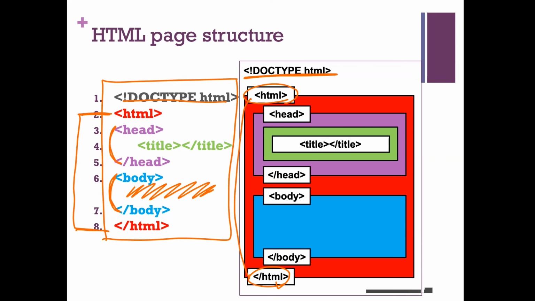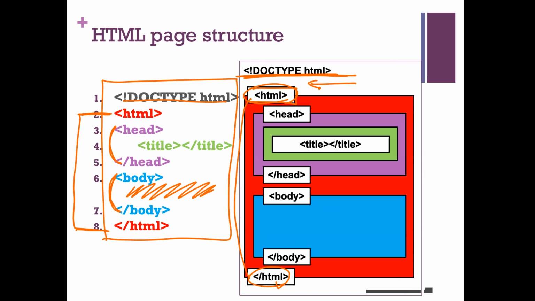Now, I'm about to say one really critical mistake people make. A lot of you will, the first time, make one or two mistakes on this. In between line 1 and 2, in between the declaration and the opening HTML tag, there should be nothing.